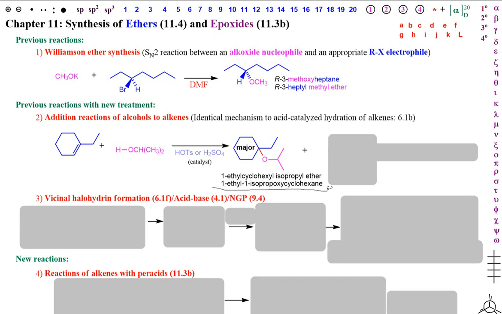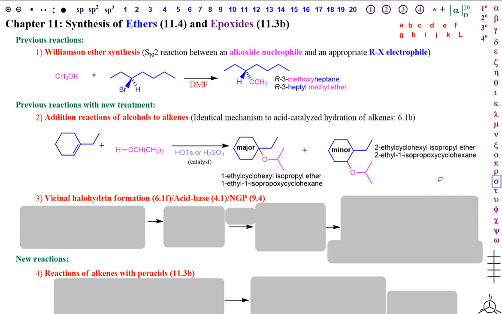Or you can name it with an isopropoxy group, this group here, attached to cyclohexane. That's the major Markovnikov product. You'd get a small amount of the minor anti-Markovnikov product. The only thing changing in the names are the numbers. And the anti-Markovnikov alcohol has these two names now color-coded.